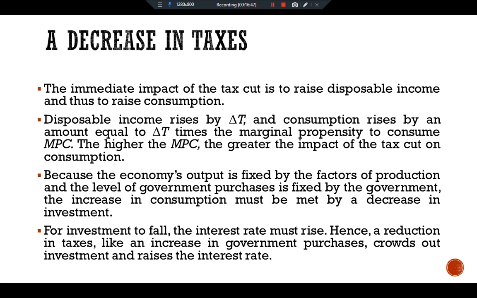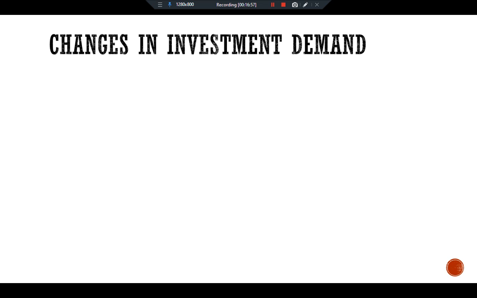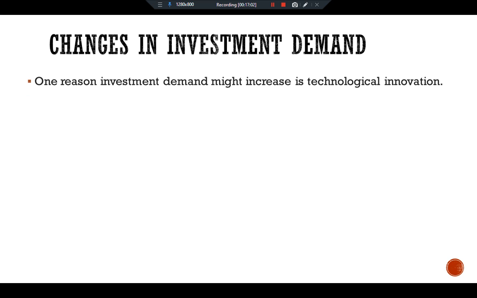We can see how the decrease in taxes impacts saving and investment with the help of a diagram. Changes in investment demand.